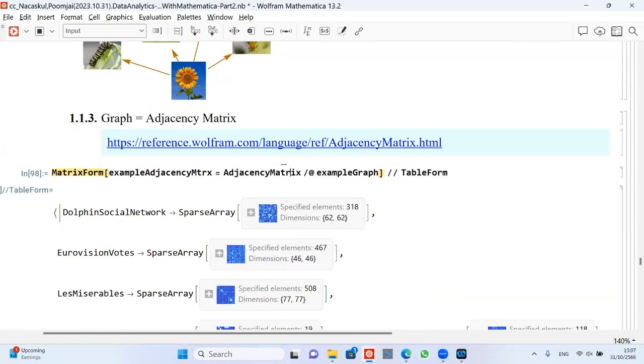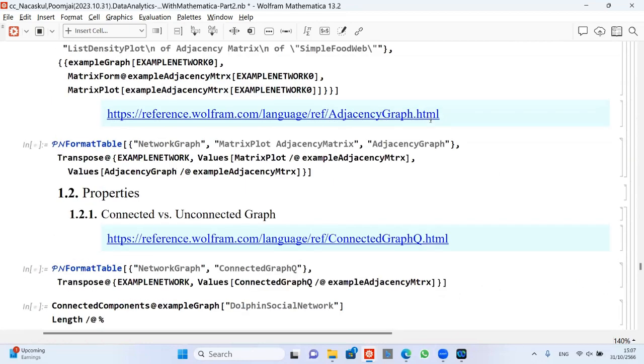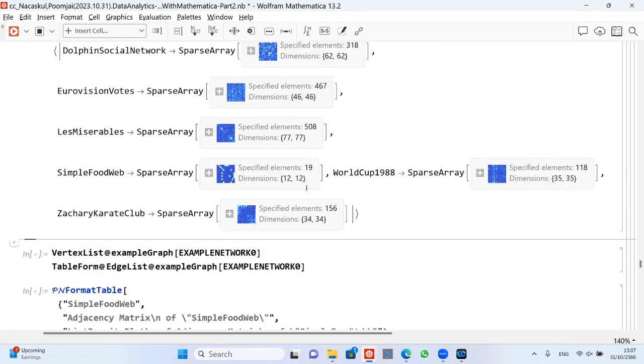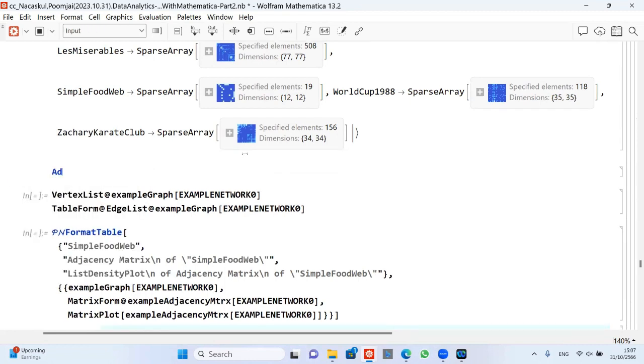Okay, so I have all the examples. So you can go back. Actually, there's a function down here called adjacency graph. So if the data comes in a matrix, you can turn it into a graph. If the data comes as a graph, you can turn it into a matrix. Vice versa, okay? So if I have the adjacency matrix of, what's it called?